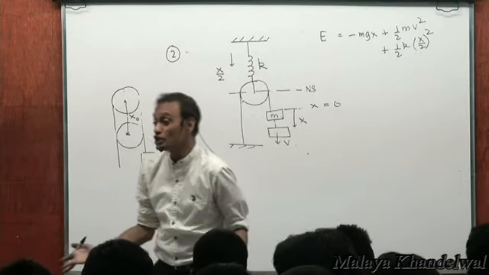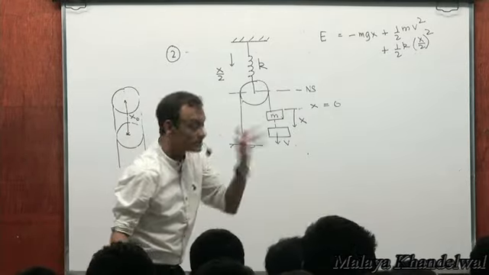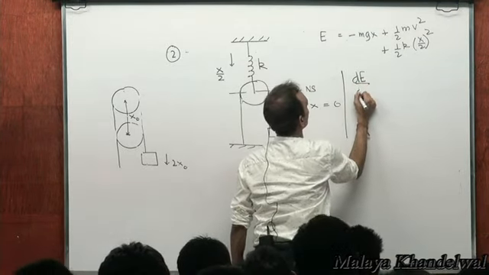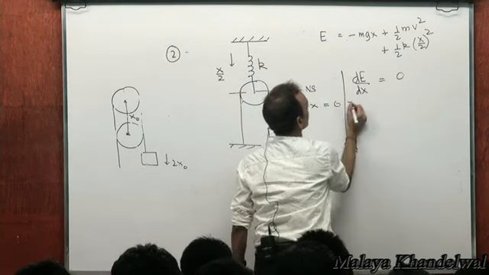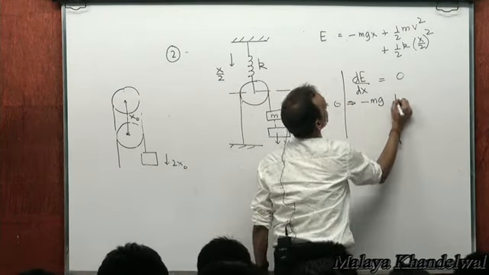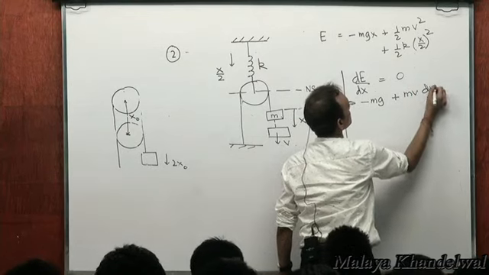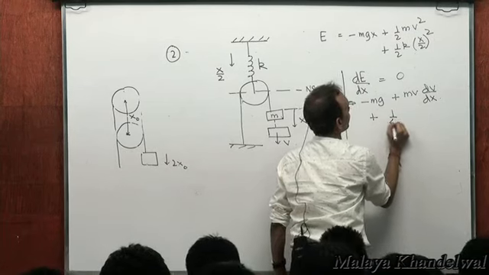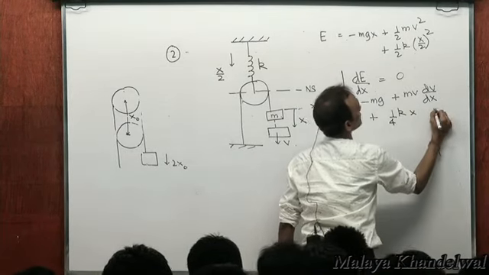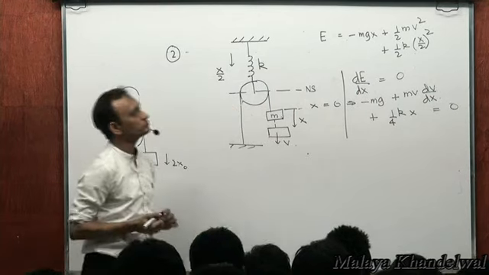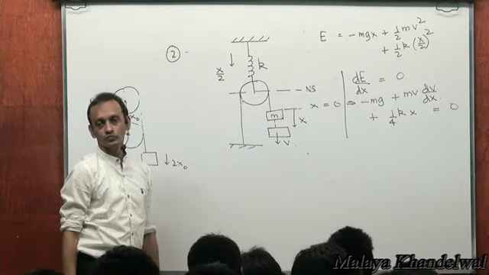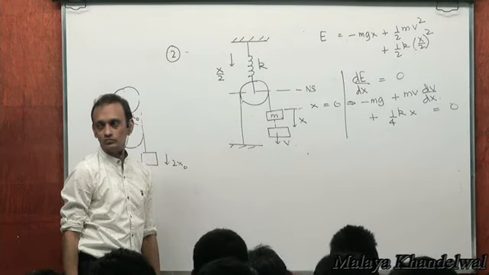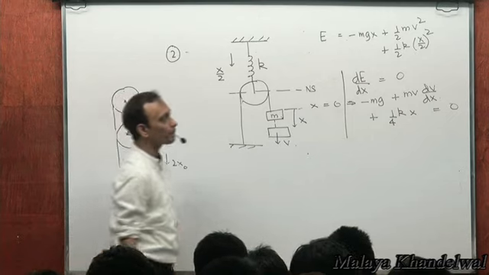d dx will still be 0. Minus mg plus mv dv dx plus 1/4 k x must be 0. Yes or no?